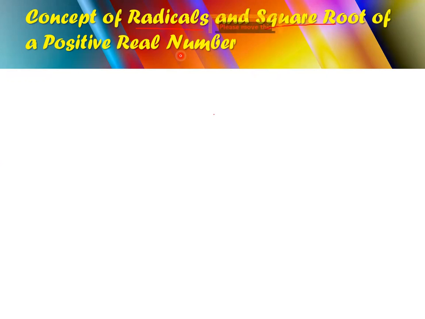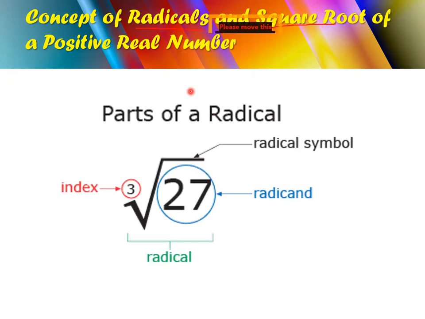And now I'm going to tell you what radicals are. Now look at this one. These are basically the parts of a radical. Basically this is called the radical symbol. This symbol is called a radical, and the number that is written inside the symbol is called the radicand.